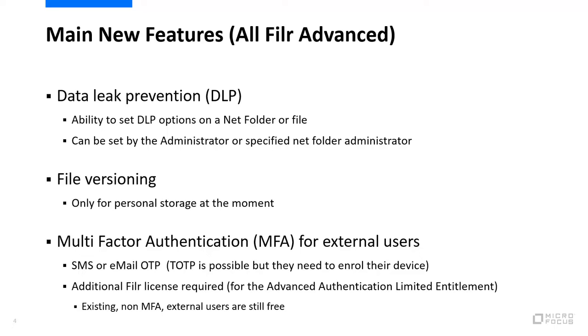We've added file versioning, but this is only for personal storage currently. What this allows you to do is, as a file in personal storage is overwritten or edited, the previous version of that file is kept. And you have a capability to download that file, to promote that to be the current version if need be, and so on.